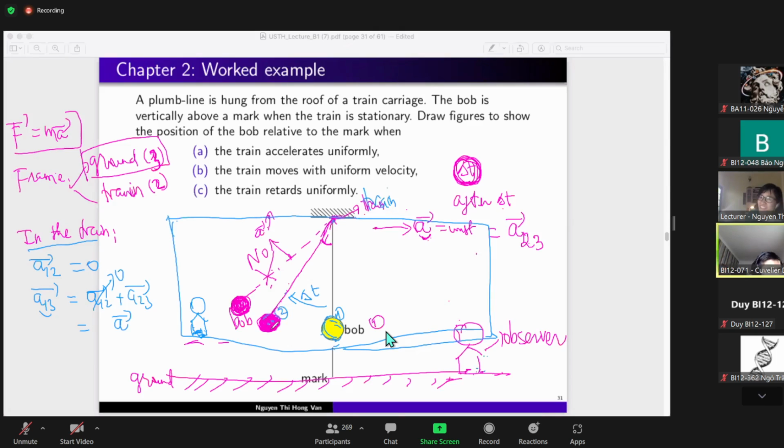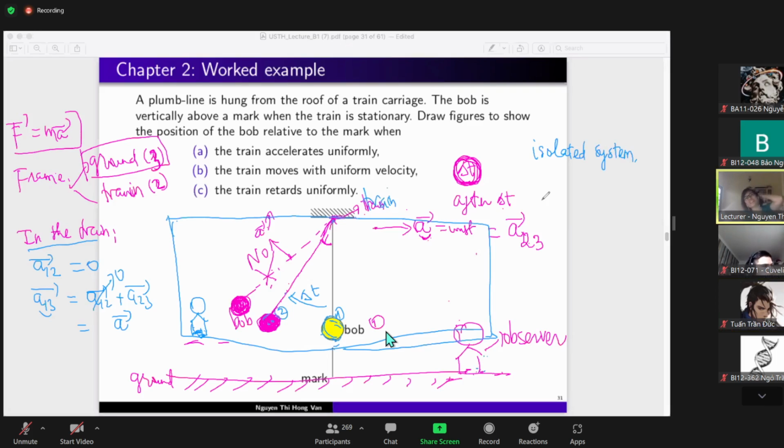Because gravity and magic. Because this is an isolated system. Isolated system. Okay? Which system is isolated?